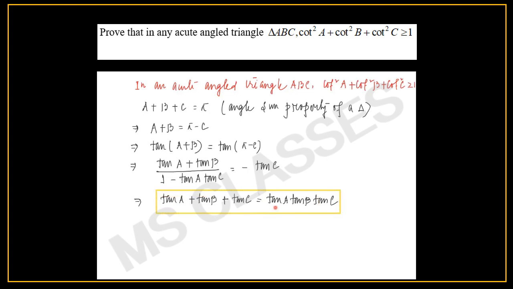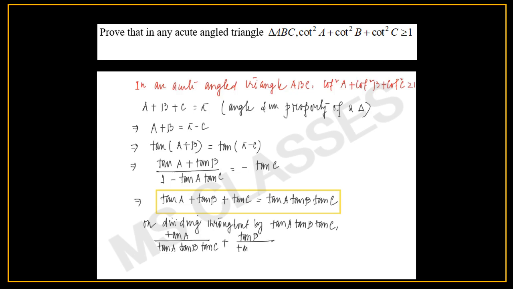Now, if we divide throughout by tan A tan B tan C, we can say here tan A by tan A tan B tan C plus tan B by tan A tan B tan C plus tan C by tan A tan B tan C equals 1.